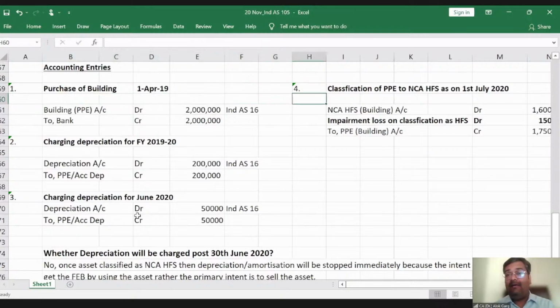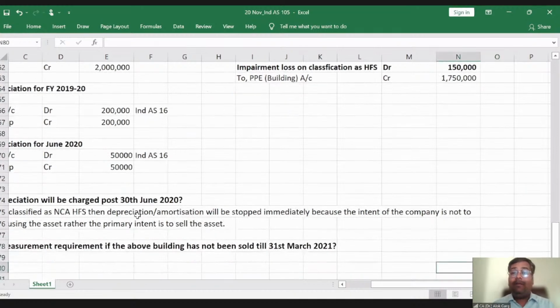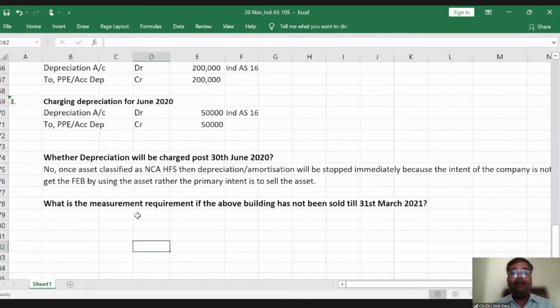If there is any loss, that loss will be recognized as an impairment loss in the P&L on classification as HFS. Depreciation and amortization will be stopped immediately. Why? Because the intent is not to use the asset. The intent is to sell the asset because it is available for immediate sale in its present condition. Clear?